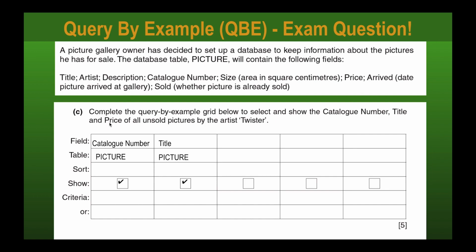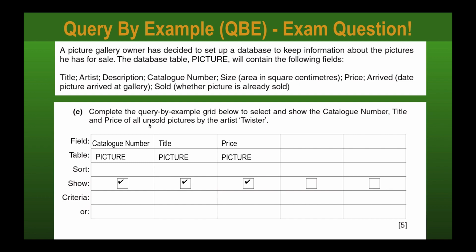Then price. So it says price, also from the picture table, and show. So it said show, catalogue number, title, and price. Notice that they are capitalized. They are the fields you need to include. So it wants to know the catalogue number, title, and price of all unsold pictures by the artist Twister.